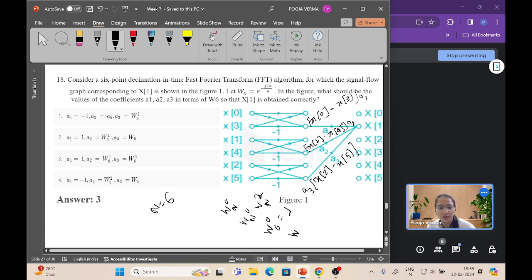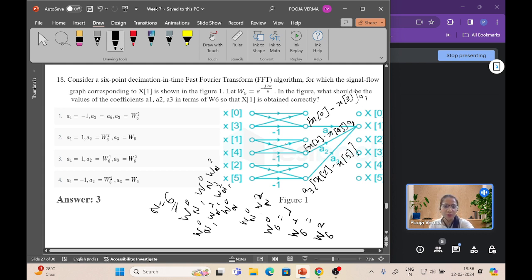In the next stage we multiply by W6^1, then W6^2. In the butterfly diagram, we have to see how we multiply by the phase factor. In the first stage we multiply by W_N^0, then in the next stage by W_N^0 and W_N^1, depending on the number of lines. Then in the next stage we multiply by the phase factors W_N^0, W_N^1, W_N^2, W_N^3. Here only 6 points are there, so depending on that we have to multiply.